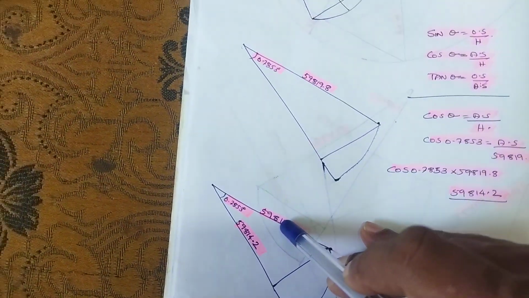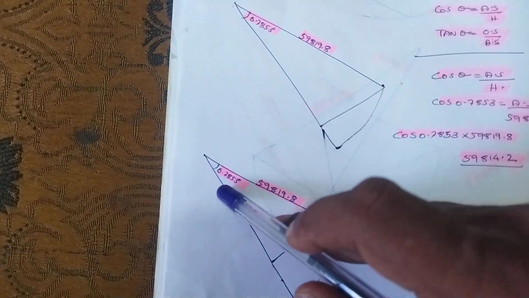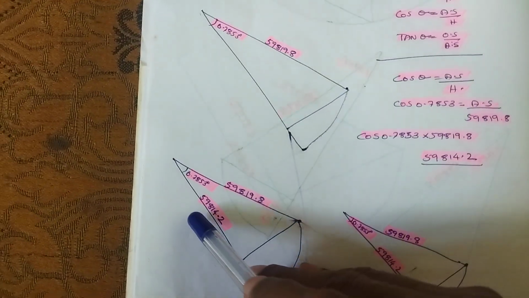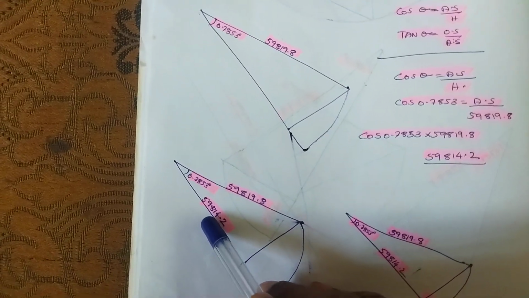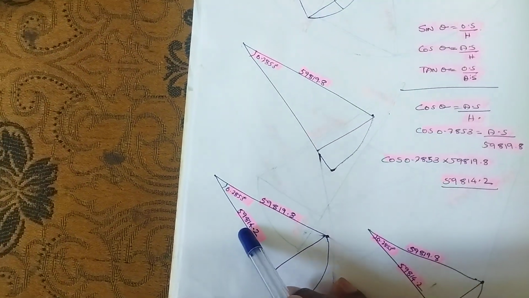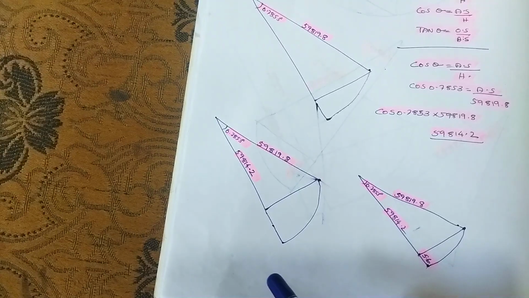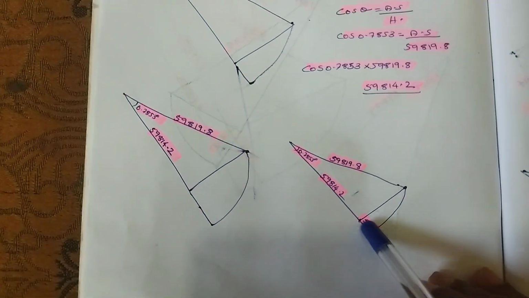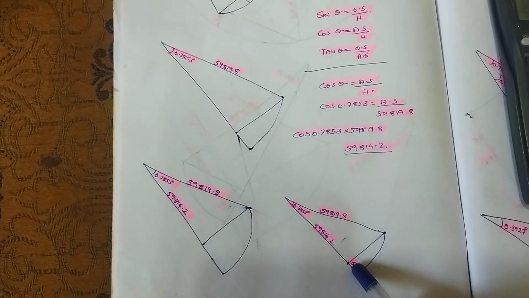If you decrease this 59,814.2 from the radius, we will get this measurement, that is 5.6. Now we have got 5.6.